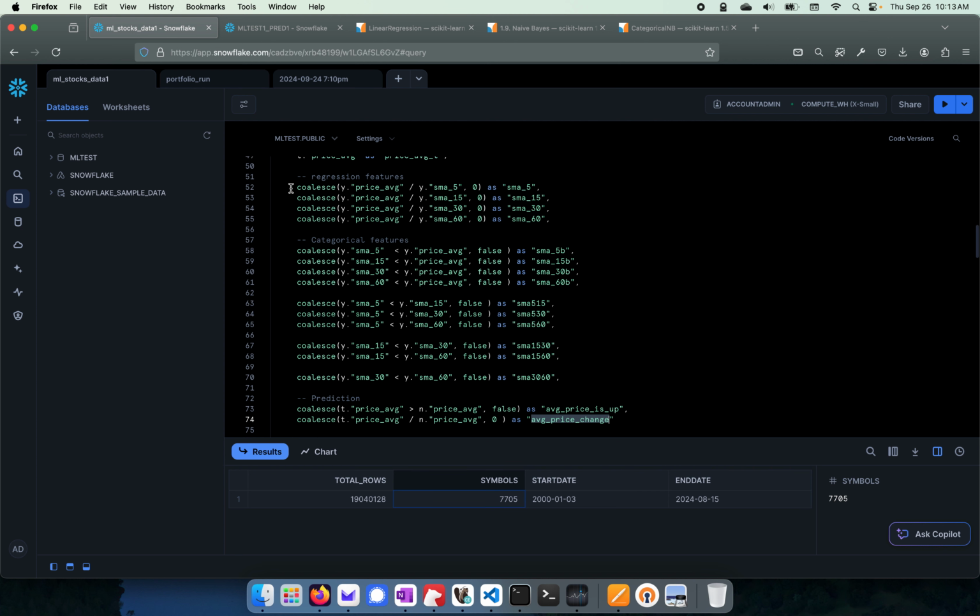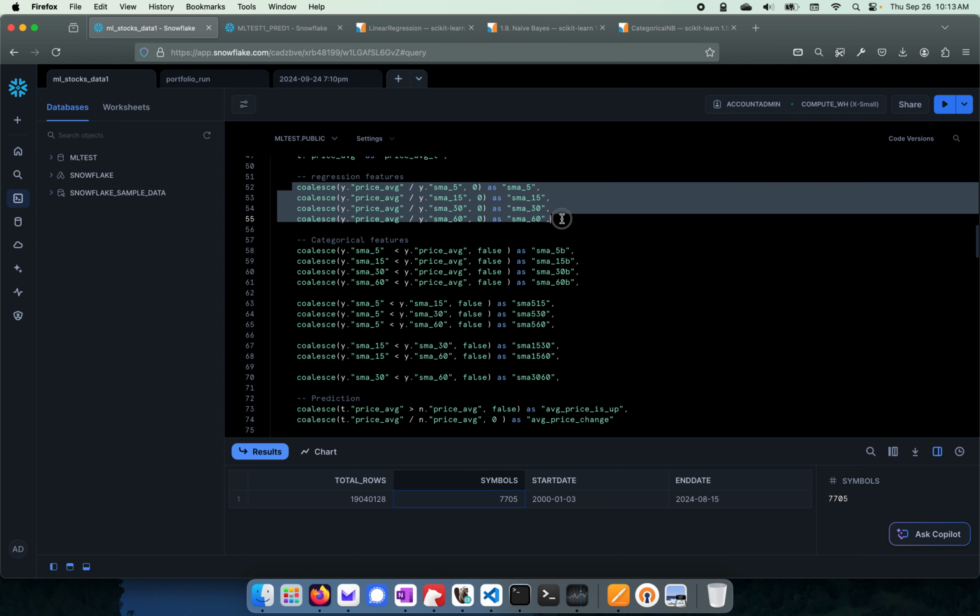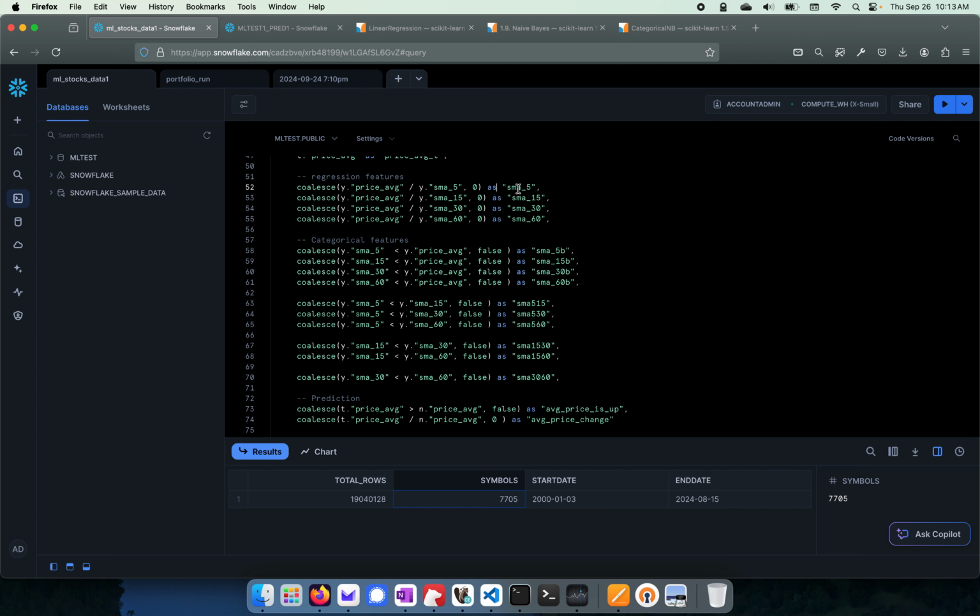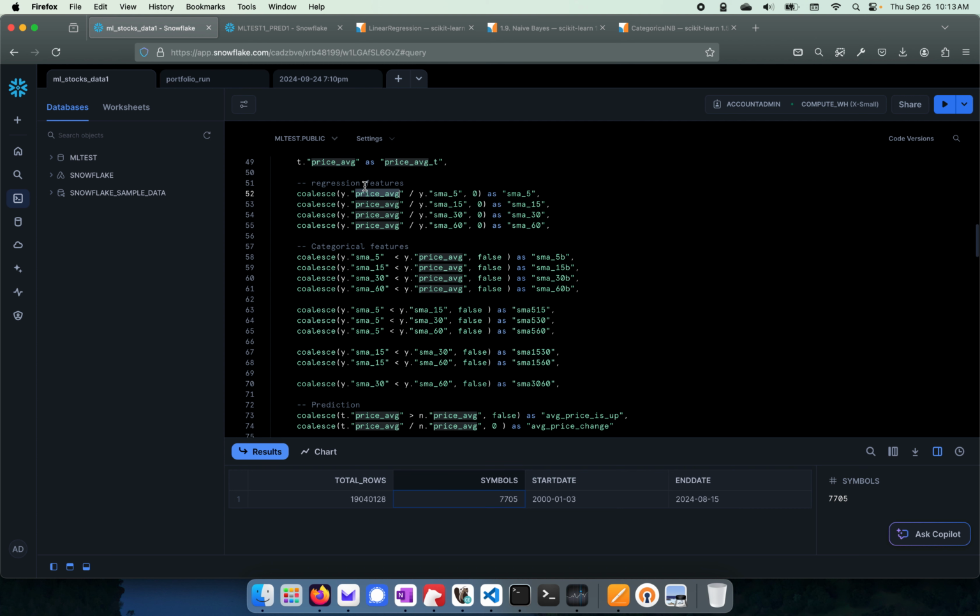And here we have the different features. For the regression model, we'll use the simple moving averages as a ratio of yesterday's price, because we may not know the complete average price of today until the day is done. So we'll only be looking at yesterday's data to make a prediction about tomorrow's price.